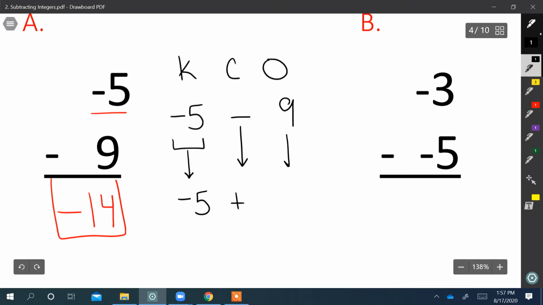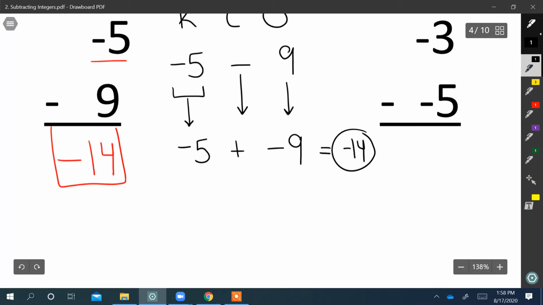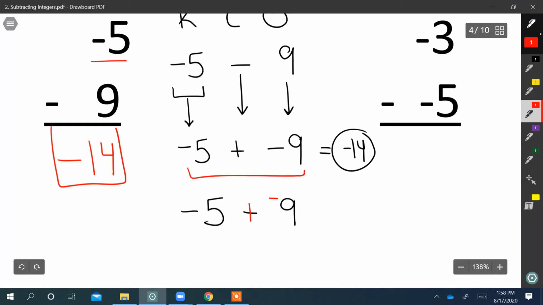And this positive 9 is going to turn into a negative 9, which means when you add those two negatives, you get negative 14. Remember, there is a faster way to do this without having to rewrite everything. Turn this guy into a positive and you make this one a negative. You see that you get the same thing?